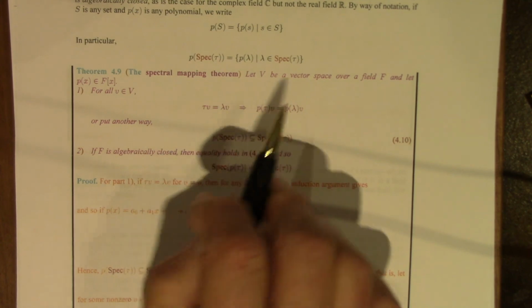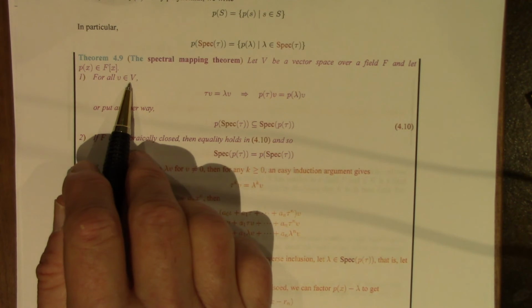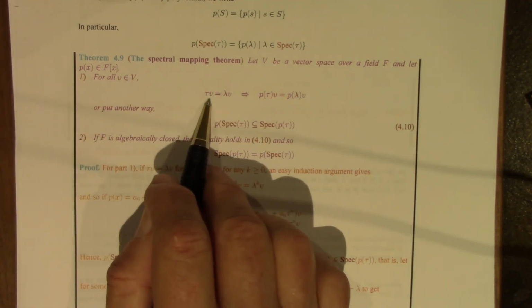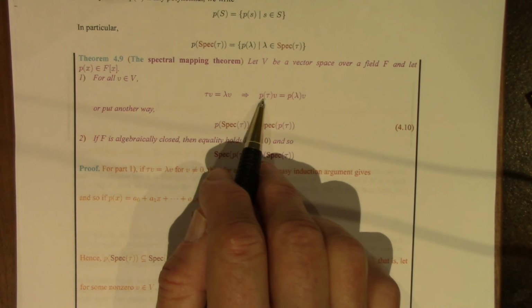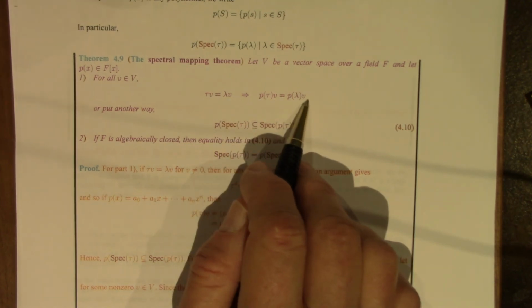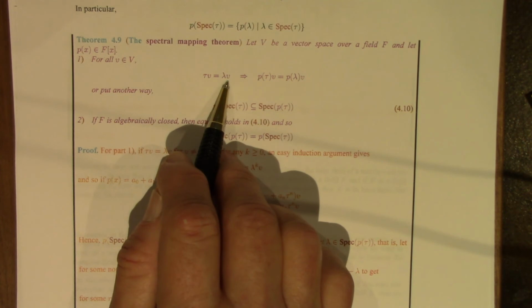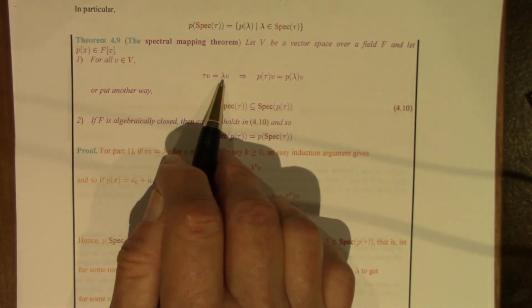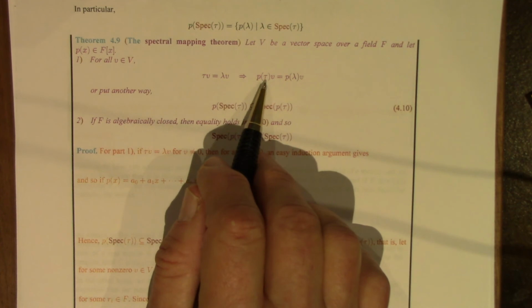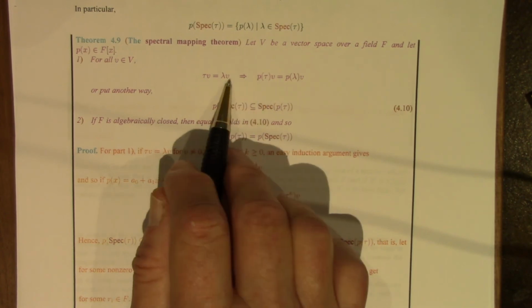So here's the spectral mapping theorem. V is a vector space over F, and P of X is a polynomial over F. Then for all vectors V, tau V equals lambda V, the eigenvalue equation, implies P of tau V equals P of lambda V. In other words, if V is an eigenvector for lambda, lambda is in the spectrum of tau, then P of lambda is in the spectrum of P of tau with the same eigenvector.